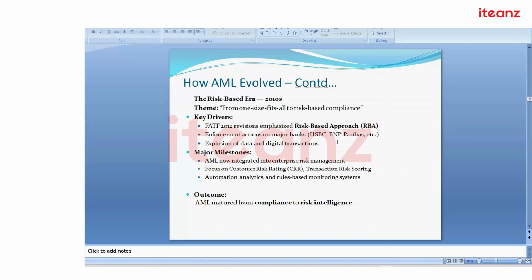Have you recently seen some news where HDFC Bank was being fined? There was some non-compliance, KYC non-compliance, found in HDFC Bank, so it was fined.